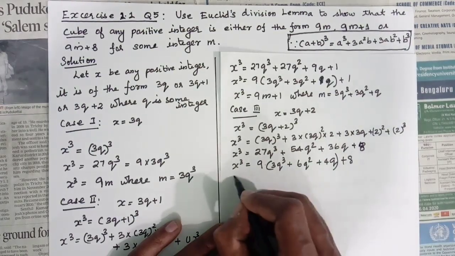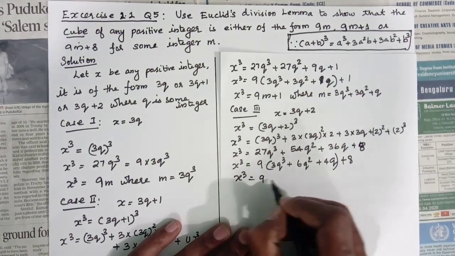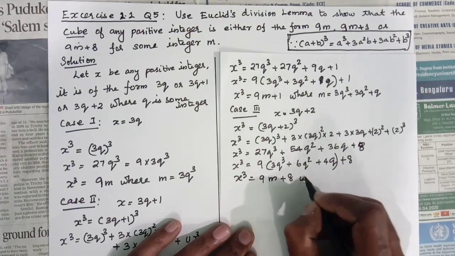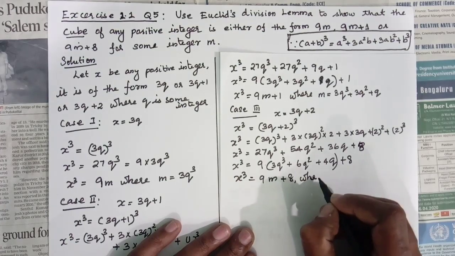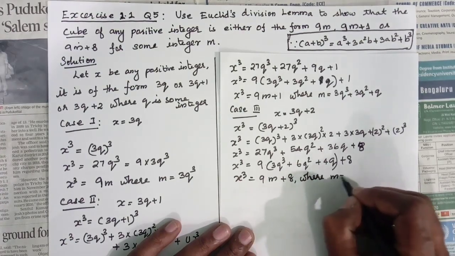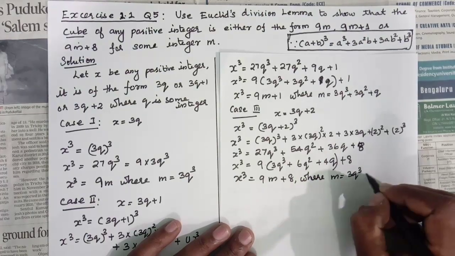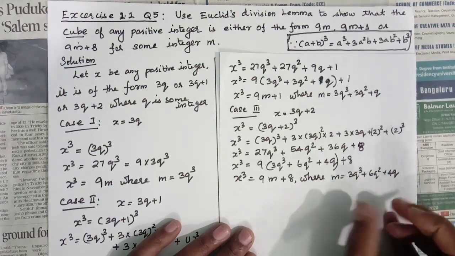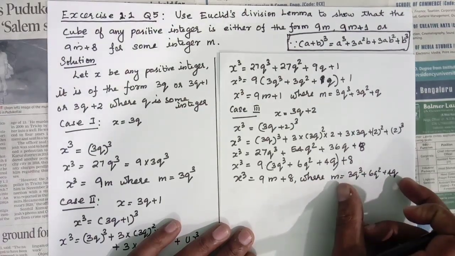Now what is in the bracket we can write as m, plus 8. Where m is equal to 3q cube plus 6q square plus 4q. You may have a doubt how m can have this value.